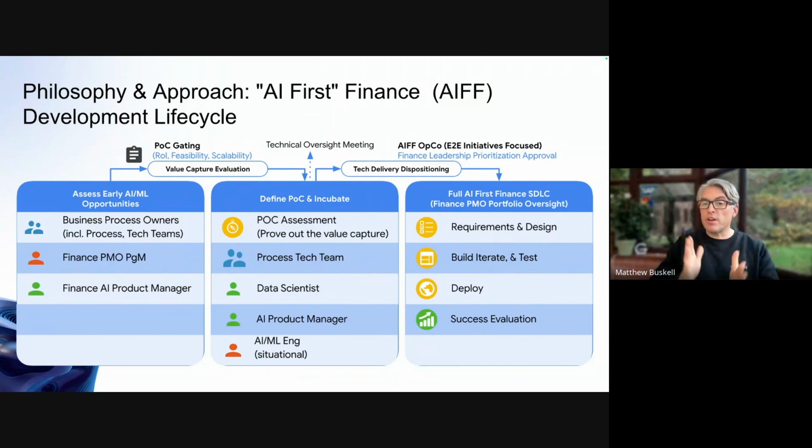It's almost like a funnel of opportunities. So we start with the business process owners coming up with early ideas and early opportunities, and they may try them out with some standard tooling and technology. We then incubate those ideas so that we can understand how to scale them.